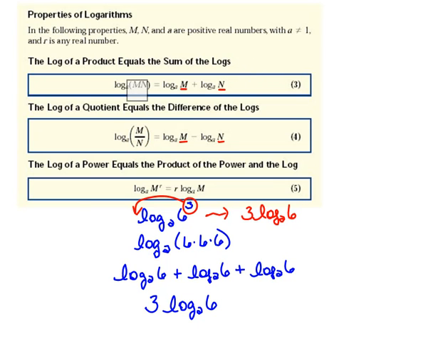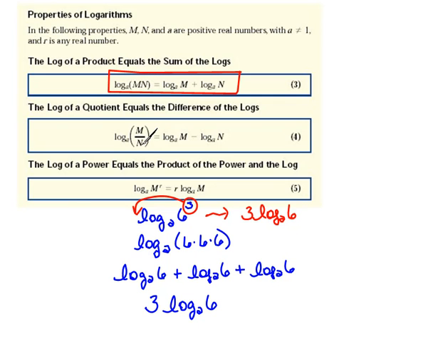So again, you must know that you can separate out logs. If they're multiplied, you can separate them out with addition, or vice versa. If they're separated with addition, you can put them back together with multiplication.